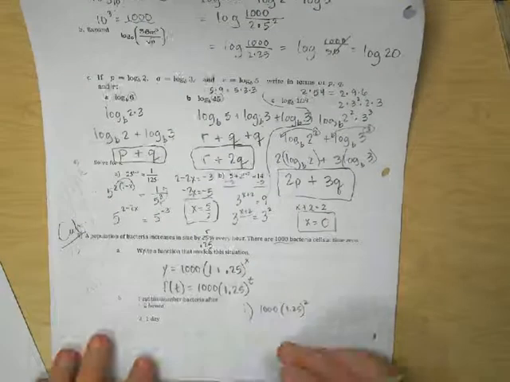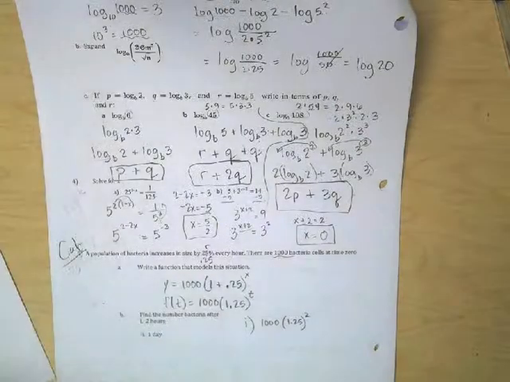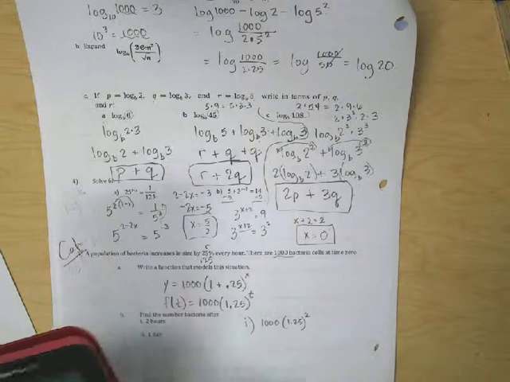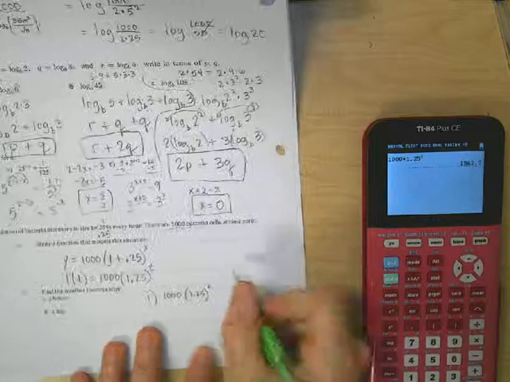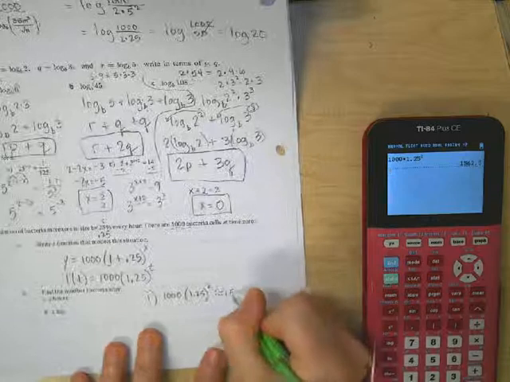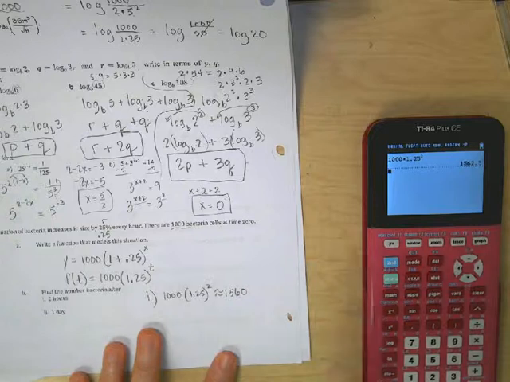So this one, though, I would definitely need to use a calculator. I do not want to have to multiply out 1.25 times 1.25. So if I do this, I get 1,000 times 1.25 squared, and that gets me approximately 1,560 if I round it off to 3 significant figures, and that's bacteria.